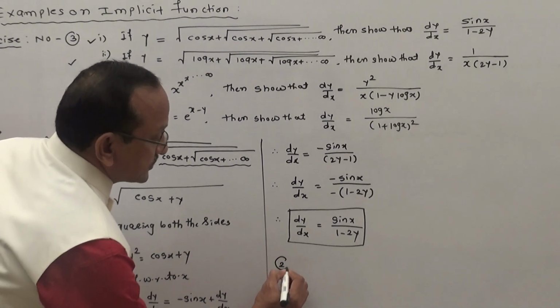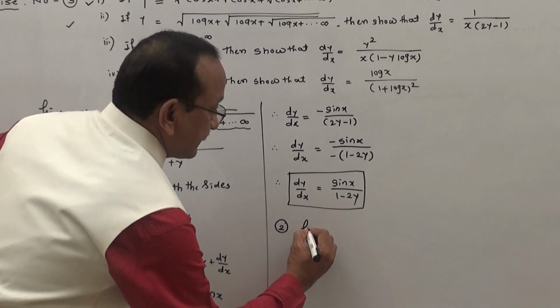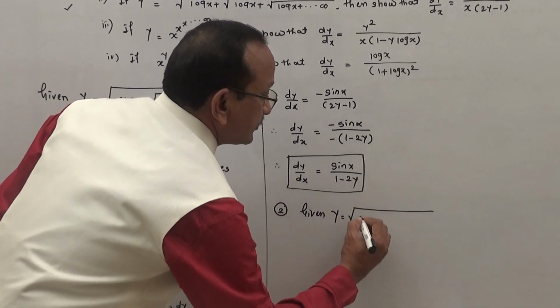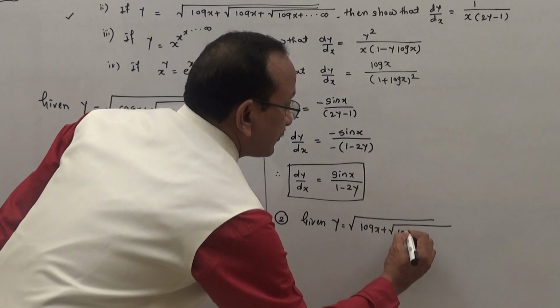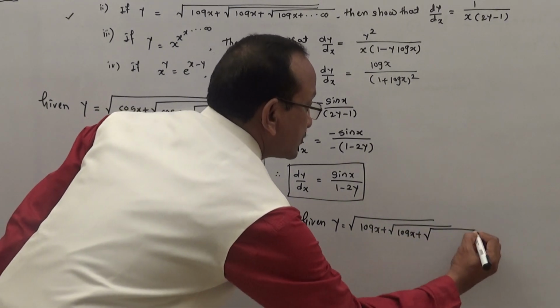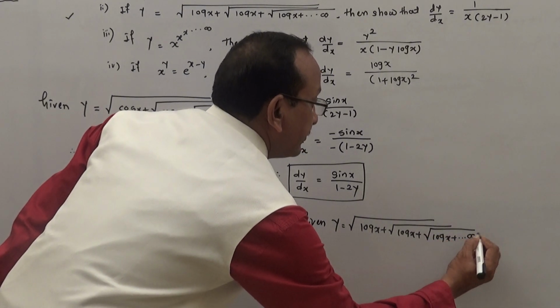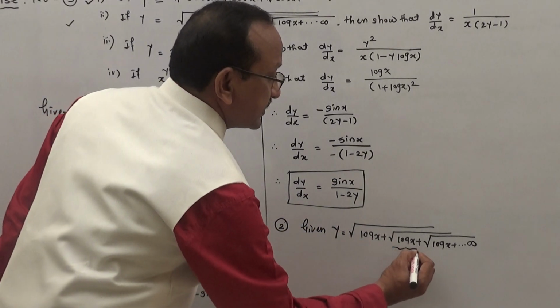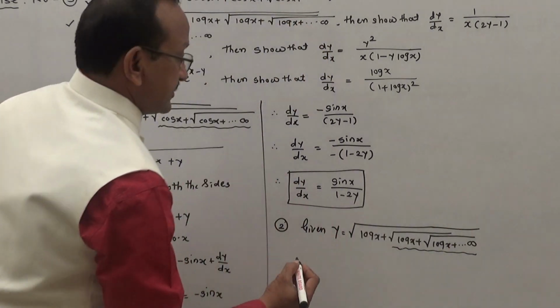So now consider the second example. Given y is equal to root of log of x plus root of log of x plus root of log of x plus infinity. Similarly, consider this is y.